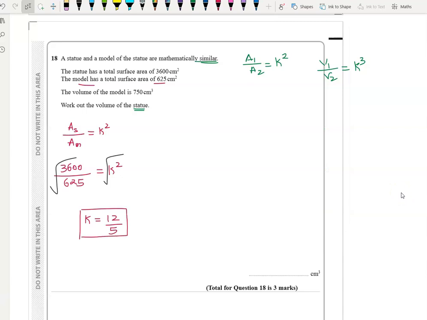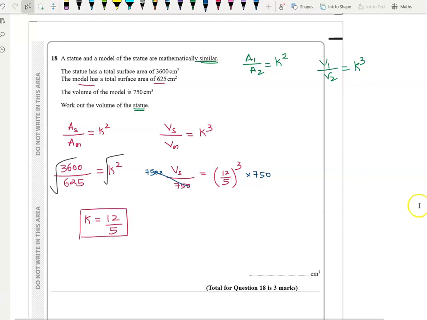Okay. Now we know volume of the statue upon volume of the model, this ratio is proportional to the cube of the scale factor. So we don't know volume of statue. Volume of model is given to us, it is 750. We know the value of k, which is 12 over 5. Now to find the volume of the statue, multiply both sides by 750. So this will cancel out.